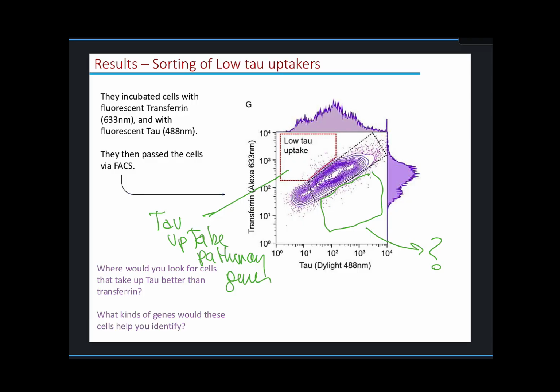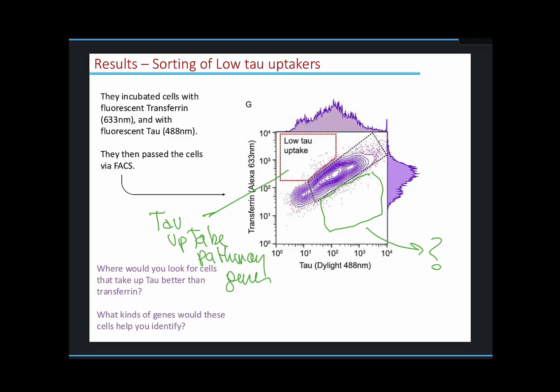But what else? Tau uptake inhibitory pathway, right? So one could make the argument that if you mutated any tau uptake inhibitor genes, those cells would end up here, taking up tau better than they do transferrin.